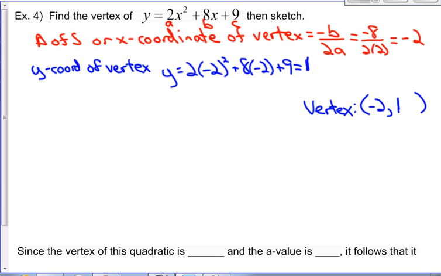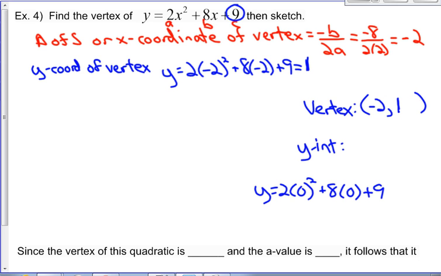So the vertex is at negative 2, 1. We also know that the y-intercept is at 9. And if we weren't sure, again, we'd just sub in our regular stuff. We'd say, oh, y-intercept, I put in 0 for x. The y-intercept's going to be 9, or the point 0, 9.